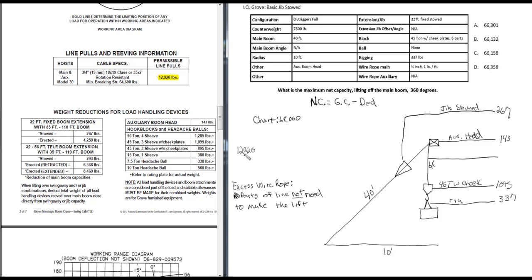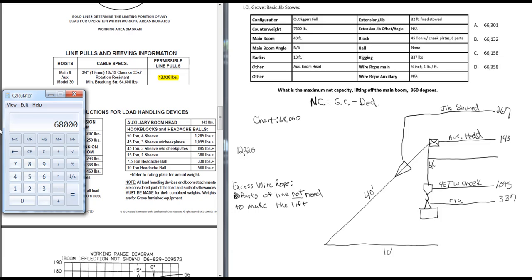So we divide our chart capacity by 12,920, and that tells us that we need 6 parts of line to lift up to that chart capacity. That's 5.26, but you can't have a fractional part of line, so you round up to 6.